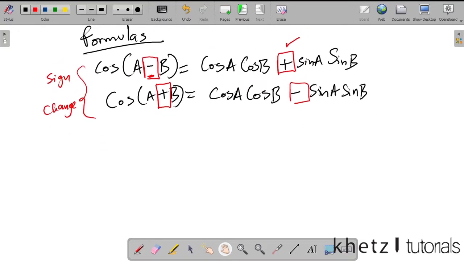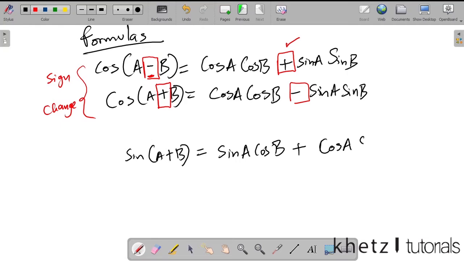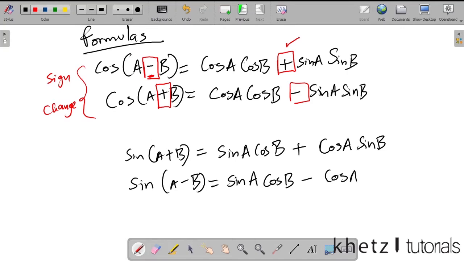Going to move on to the ones associated with sine. Sine A plus B is equal to sine A cosine of B plus cosine of A sine of B. And the next one says if you have sine of A subtract B, then you have sine A cosine B subtract cosine A sine B. Now here you'll notice that there isn't any sign change.